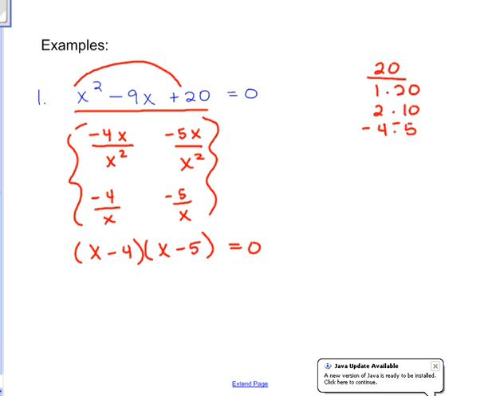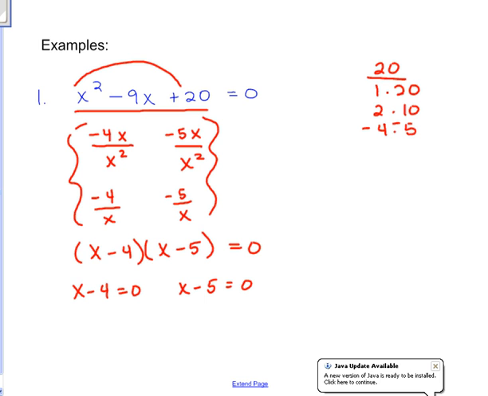Then the next step says to set each factor equal to 0. So I want to actually take these two binomials, break them apart, set them equal to 0. So that gives me two smaller equations that I can solve for x.